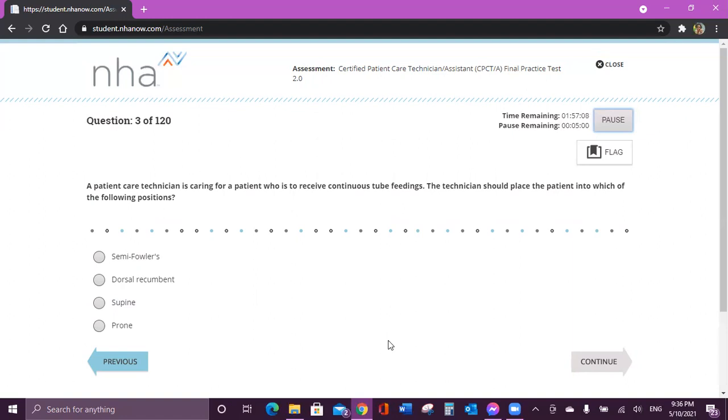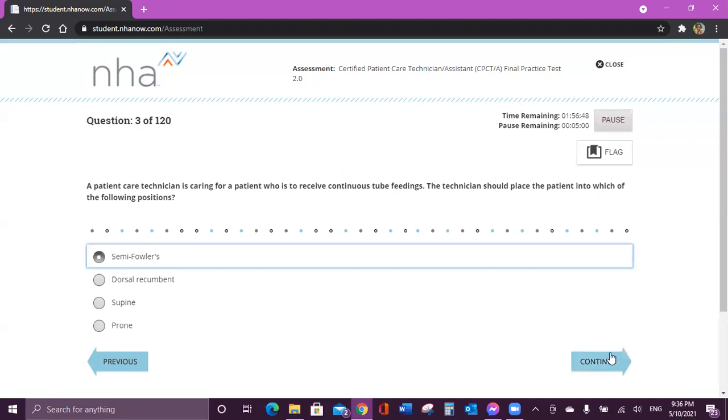Me imagino que es supine. No, bueno, supine no. Supine está en el piso. Prone está abajo, dorsal, semi-Fowler's. La A. Semi-Fowler's es como entre sentado. Sentado. Ajá.